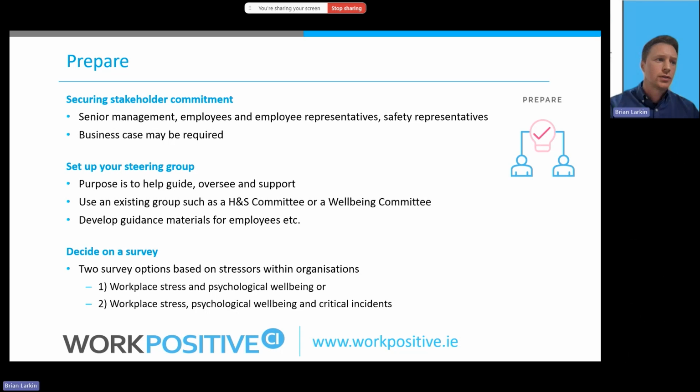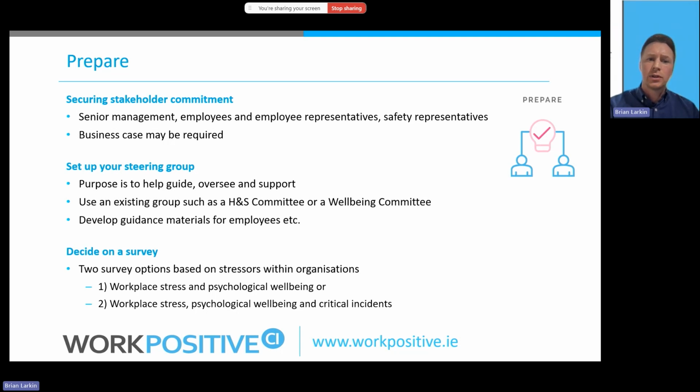You will then decide on a survey option. There are 2 options to choose from once you log into and register an account. The first is a survey capturing work-related stress and psychological well-being only. That would include, as Elaine covered, the areas of demands, control, role, relationships, support, and change as arising within the organisation.